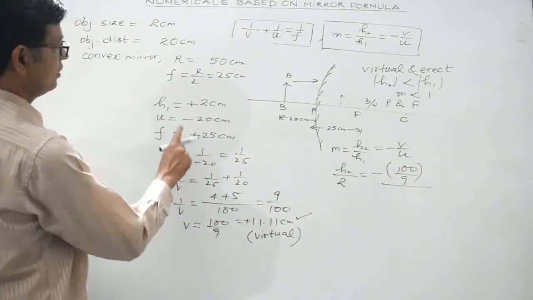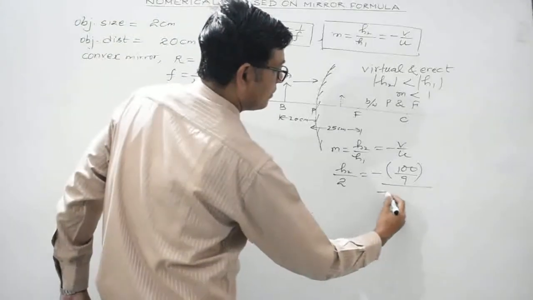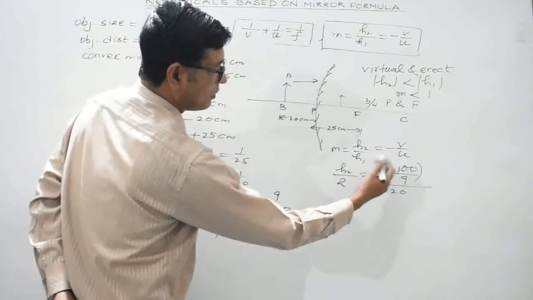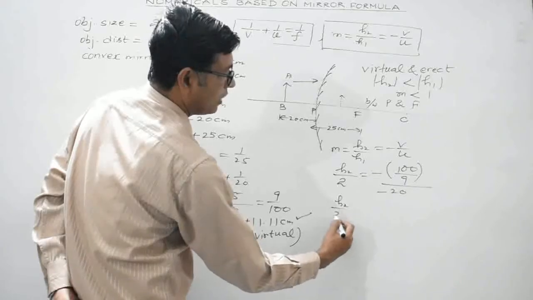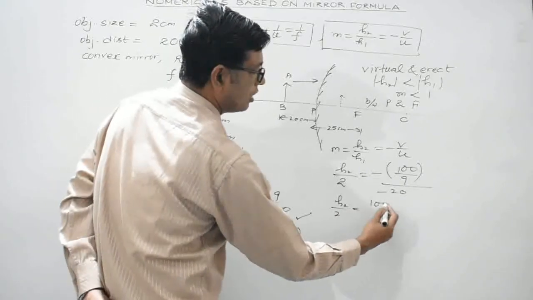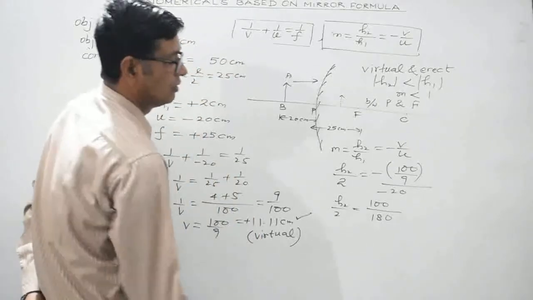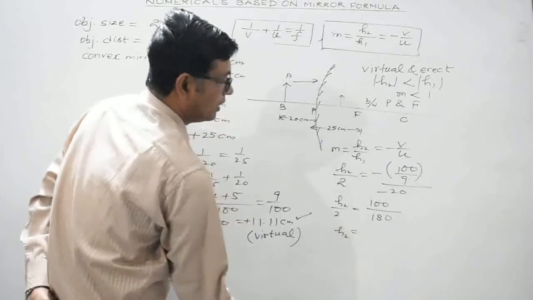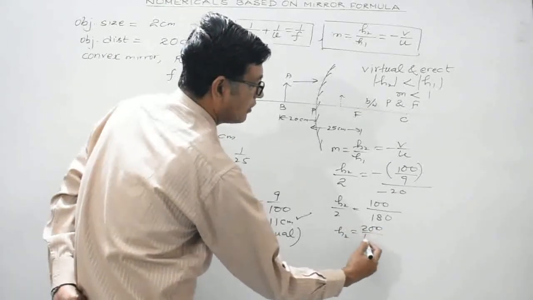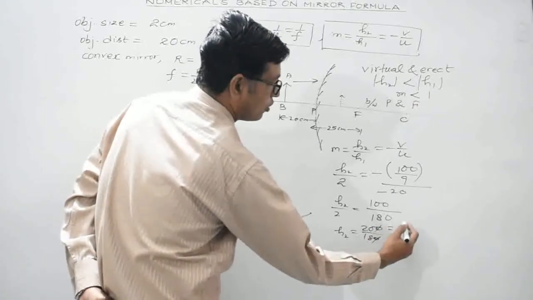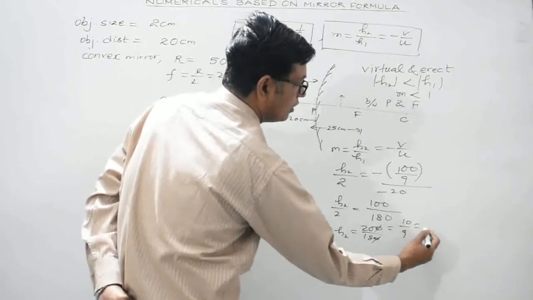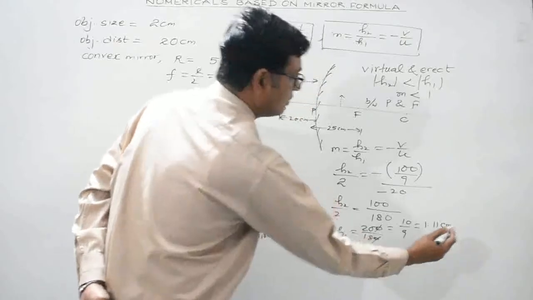What is U? It's -20. So you can solve it. Minus minus will become positive. So H2 by 2 will be equal to 100 divided by 180. So H2 would be equal to 200 divided by 180, which is 10 by 9. So 1.11 centimeter.